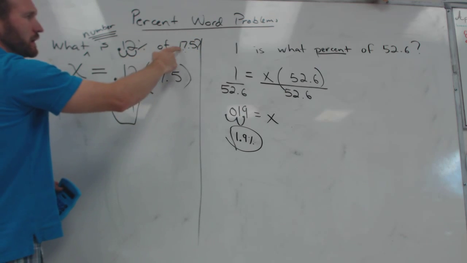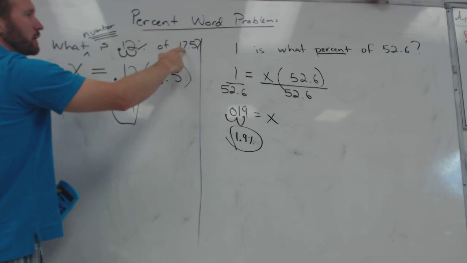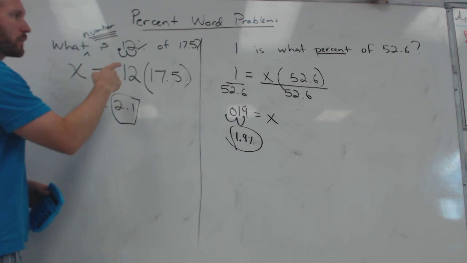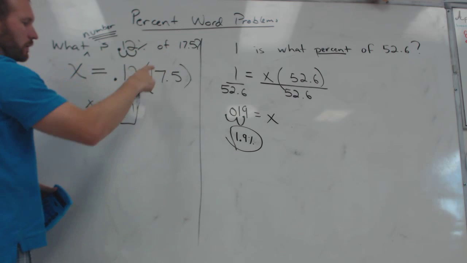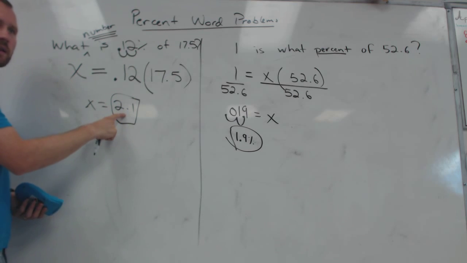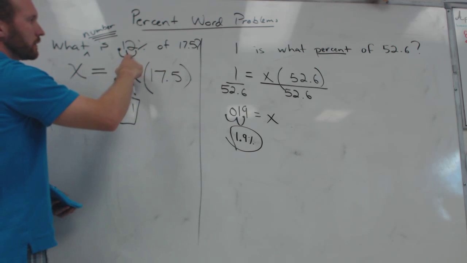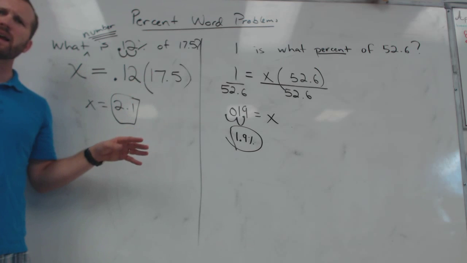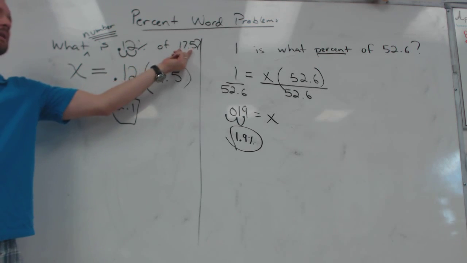So 10% of 17.5, that's 17.5 divided by 10. That is 1.75. So we're looking for slightly larger than that, which makes sense. That's slightly larger than 10%. 2.1 could be 12% of 17.5. It's definitely less than half, right? We know 12% is going to be smaller than that number.